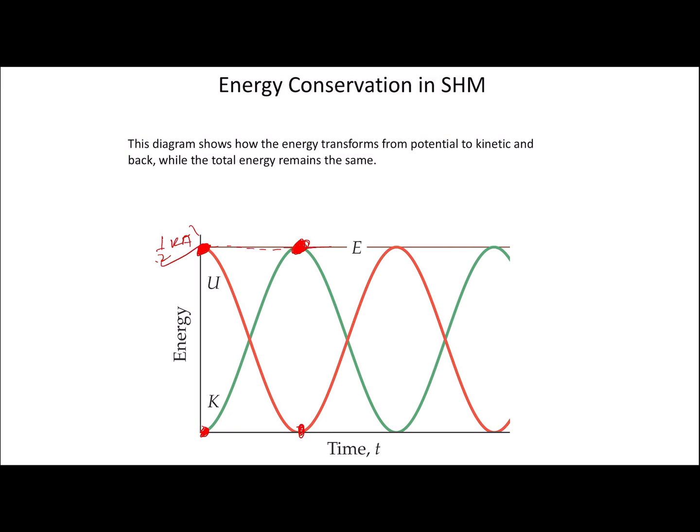This is total potential energy at the extreme to the left. At the extreme to the right, there is also maximum potential energy. This is the mean position, where x is 0, kinetic energy is maximum and potential energy is minimum.